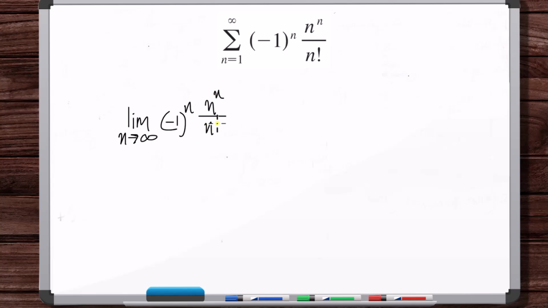You can see with this alternating term here, if this converges to anything but 0 or diverges, then this whole limit diverges. Well, we wrote this out: it was n to the n minus 1 over n minus 1 factorial.